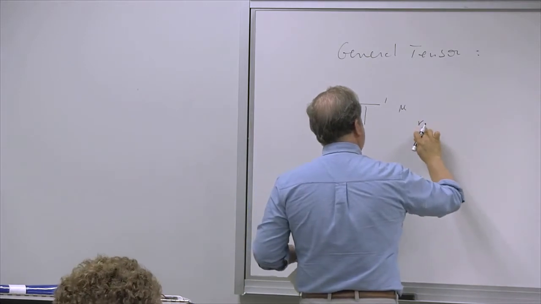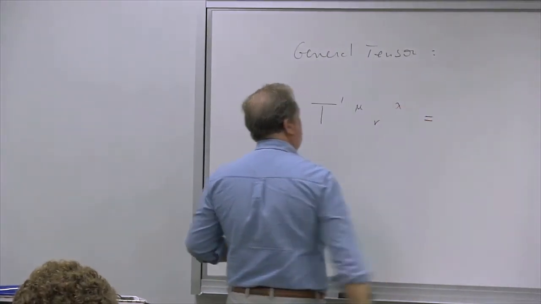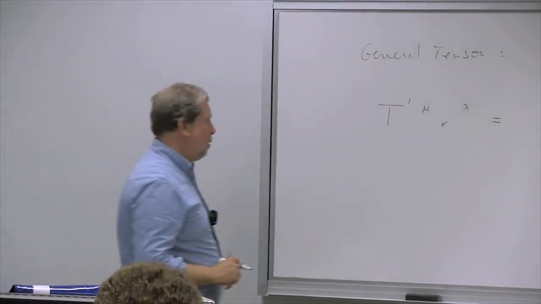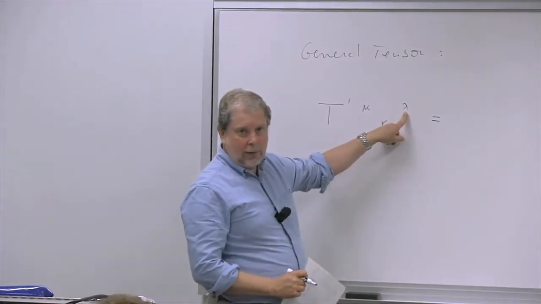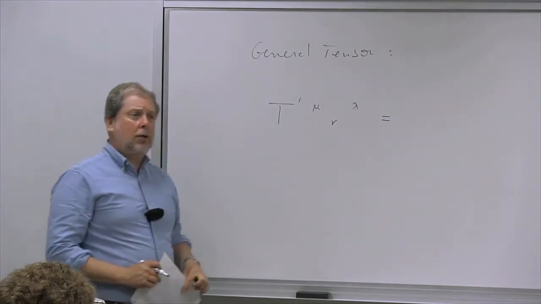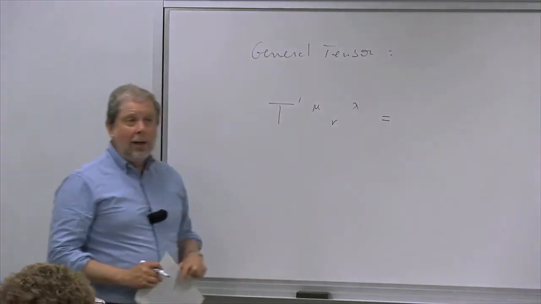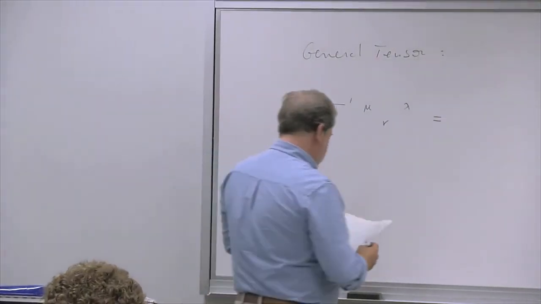And then one downstairs, and then another one, which is upstairs as well. So a tensor which is like this, which is referred to as a mixed tensor. So this tensor has 2 indices which are upstairs and therefore are contravariant, and has one index which is downstairs. So it is covariant in the index nu, and as a result, the tensor as a whole is a mixed tensor in this form, right?